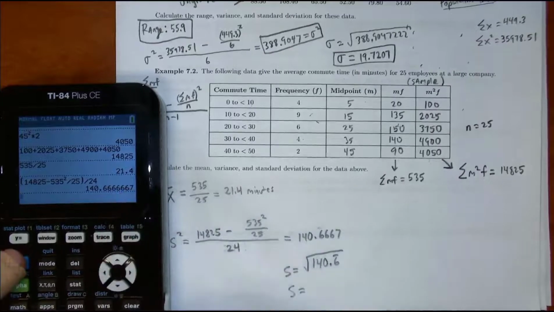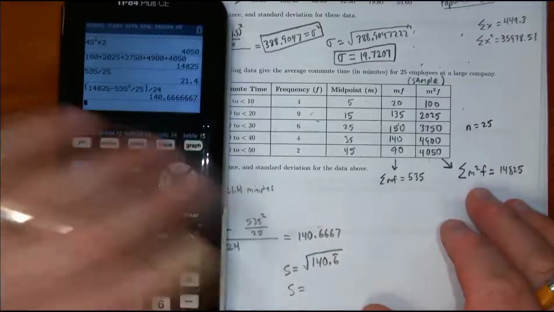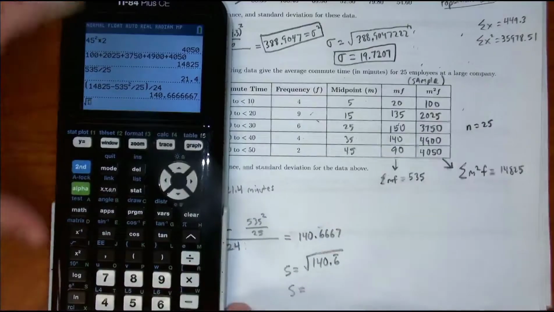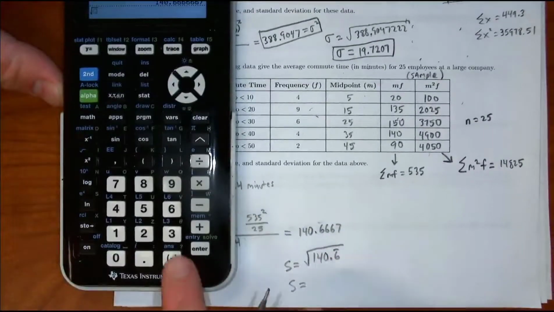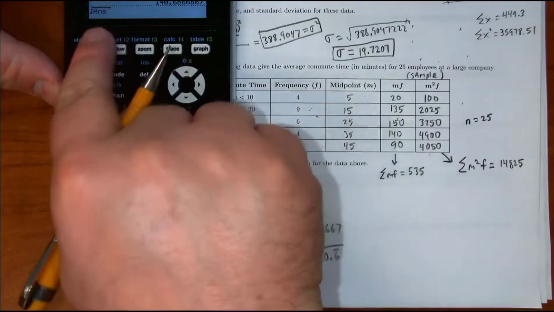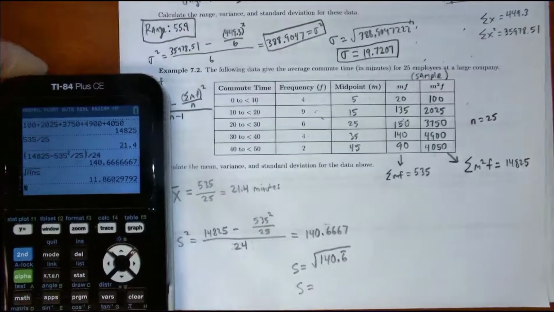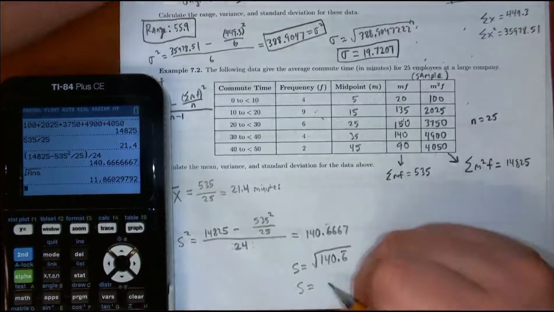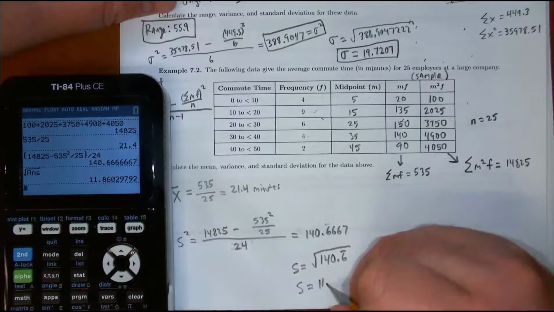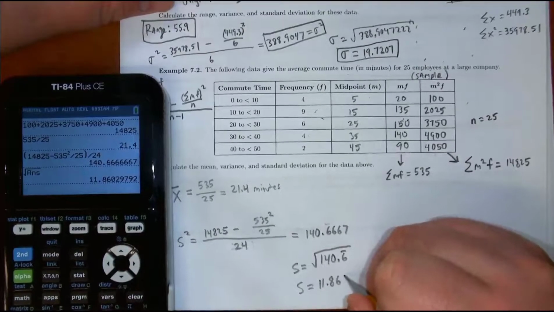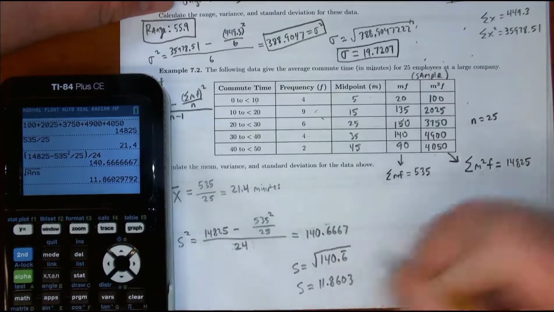So again, do the square root and hit second negative sign to type in the answer from the previous line, the unrounded version, and there we go. It's 11. Now I can round this to 4 places. 11.8603.